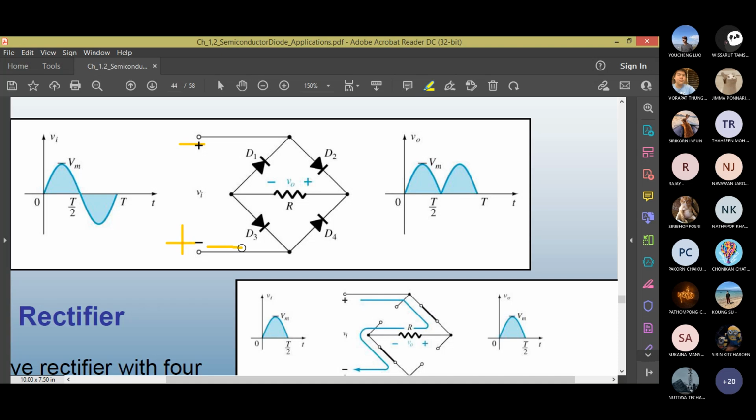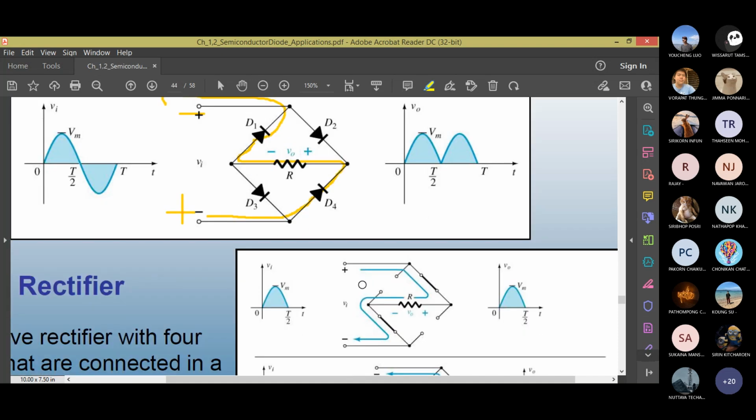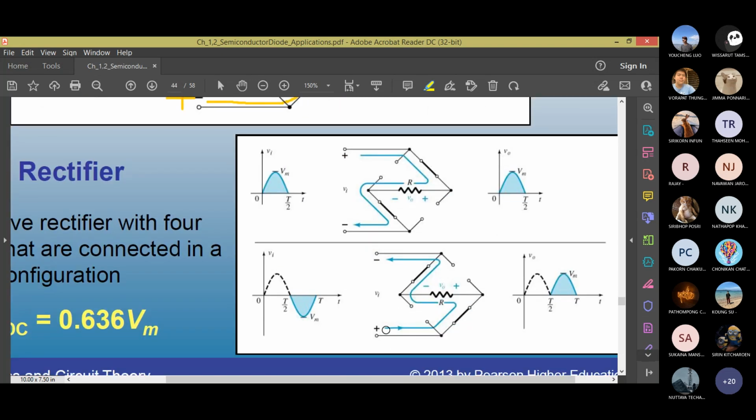For the plus polarity, as you can see, D4's anode here needs a plus. The minus side is here. Can D2 be on? No, it cannot be on. So going through the resistor and plus again to the anode of D1 and then out through D1. Just like here, the path is traced with the arrow.